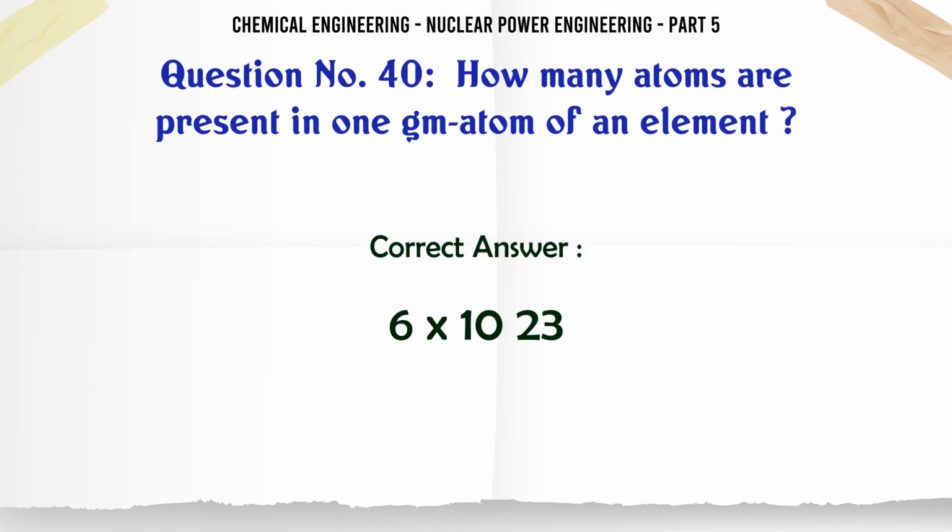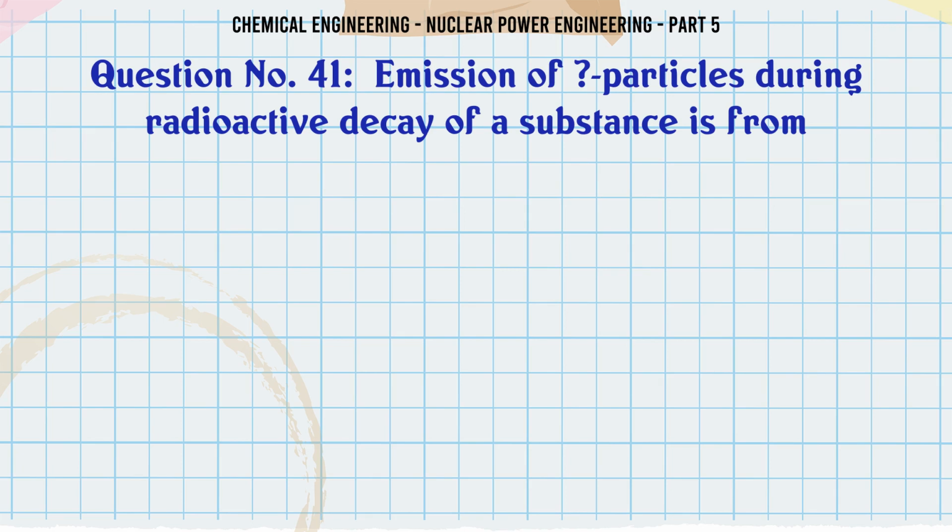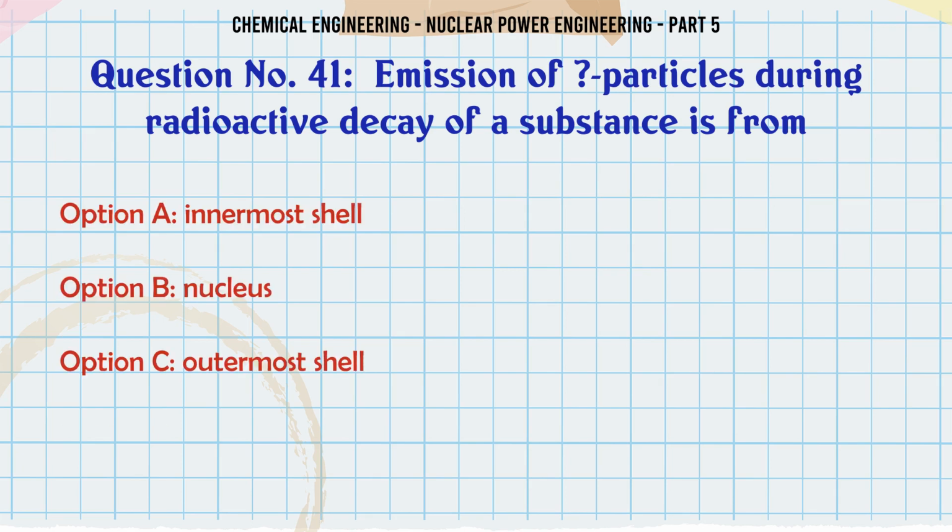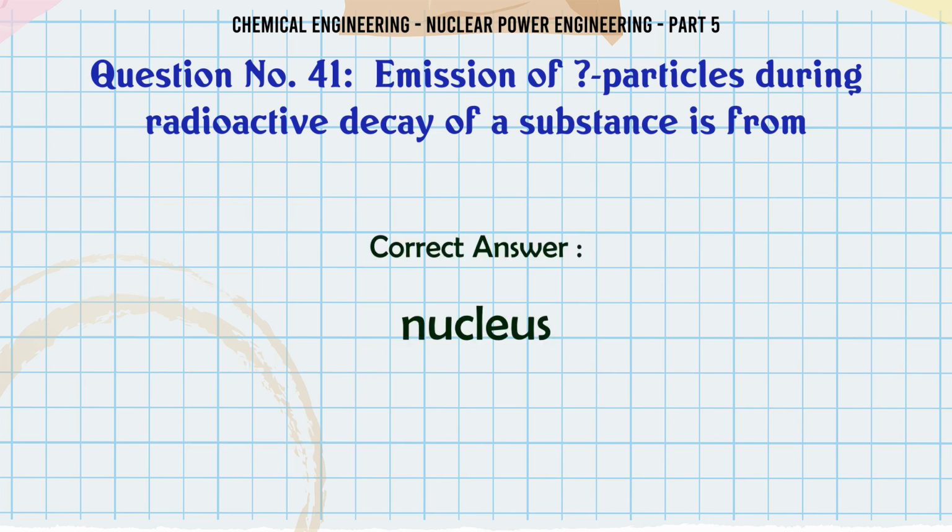The correct answer is 6x10^23. Emission of particles during radioactive decay of a substance is from A. innermost shell, B. nucleus, C. outermost shell, D. none of these. The correct answer is nucleus.